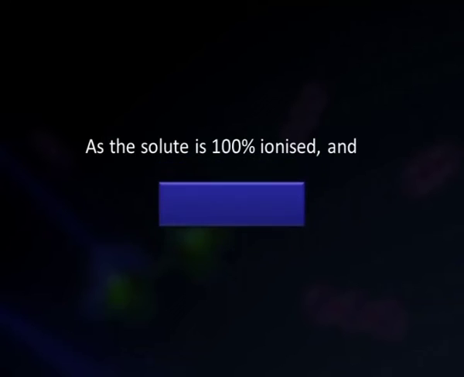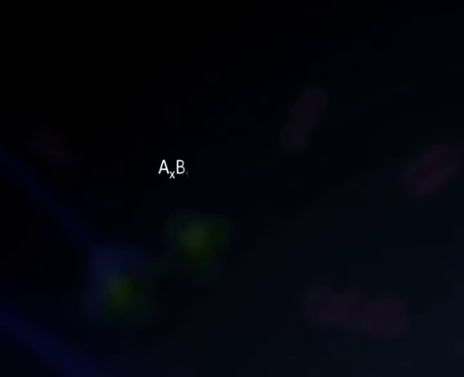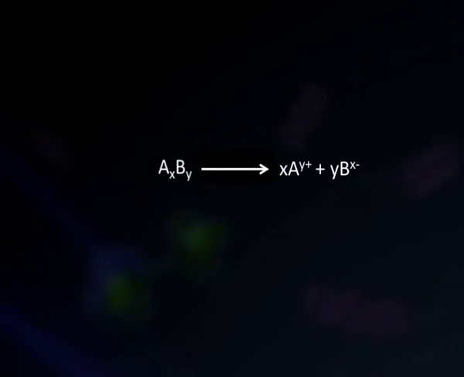As the solute is 100% ionized, alpha is equal to 1. Therefore, if we take the electrolyte as AxBy, it will dissociate as xA plus yB minus, means x ions of A plus and y ions of B minus.